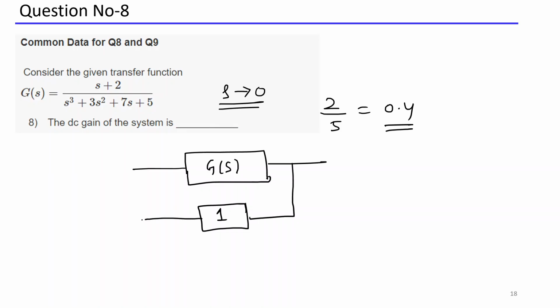I am giving it to a summation block, where the input is given. Let me call the input V in and the output V naught. Some part of the V naught is coming back in feedback with unity gain, so V naught is coming here, and here V in minus V naught, this is positive, this is negative, and whatever comes out is the error E.